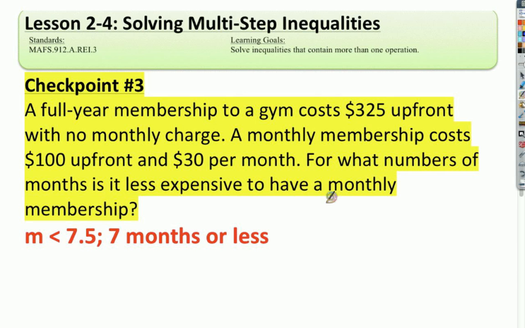Jazz was helping out. If we put 8 in the monthly membership, how much will it cost? That would cost $340. 30 times 8 is $240, plus the 100, that's $340. Is that less than this? Yes. I mean, no. No.